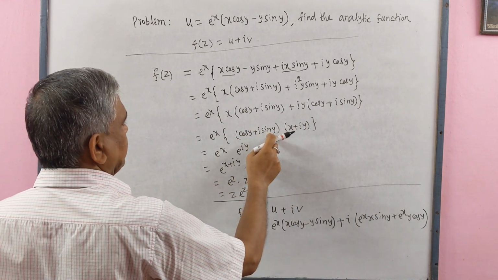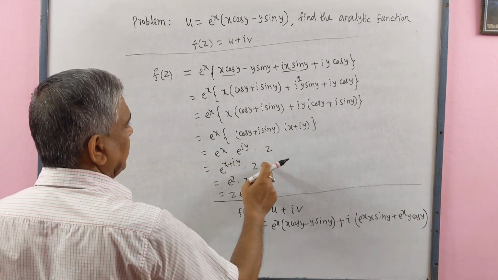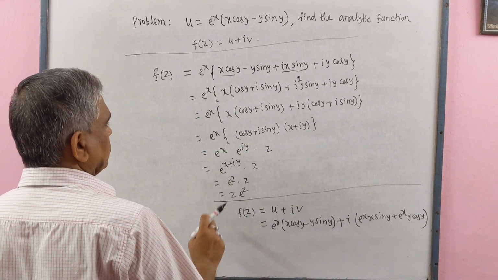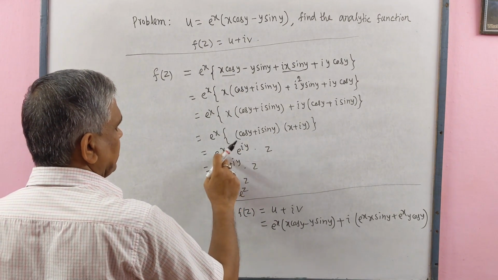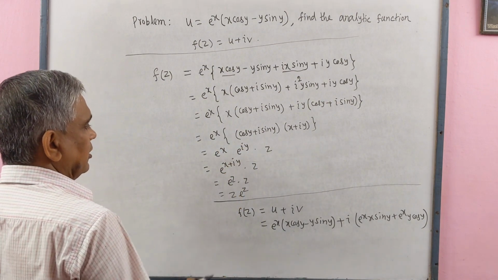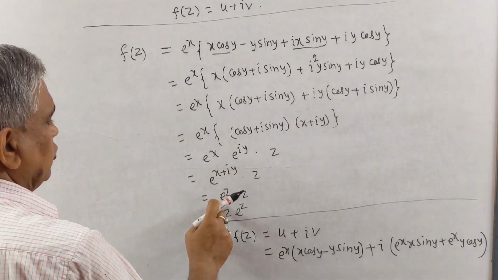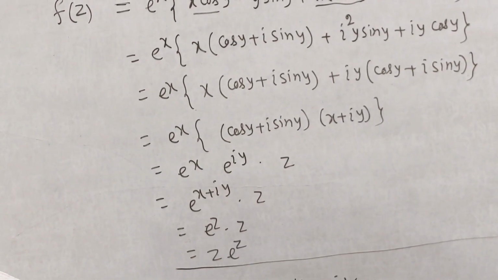Cos y plus i sin y is e to the power i y, and x plus i y equals z. So we add powers, base same, e to the power x plus i y into z. This is e to the power z into z equals z e to the power z.